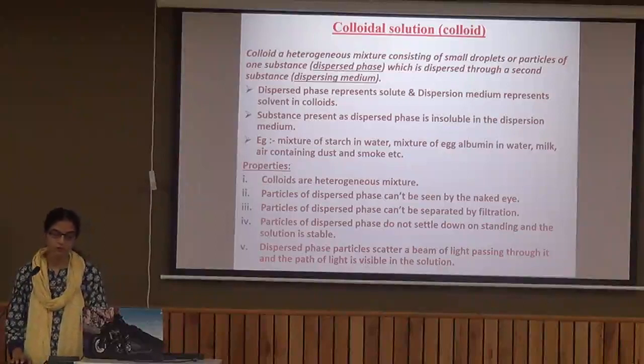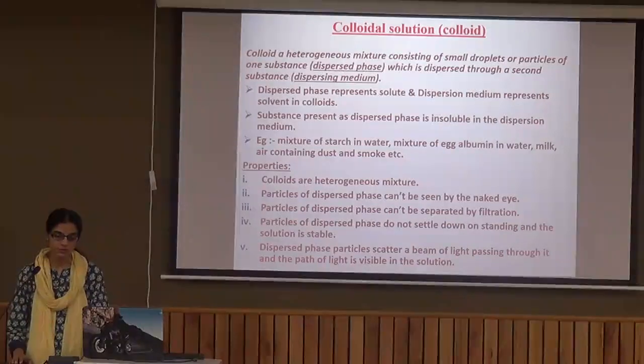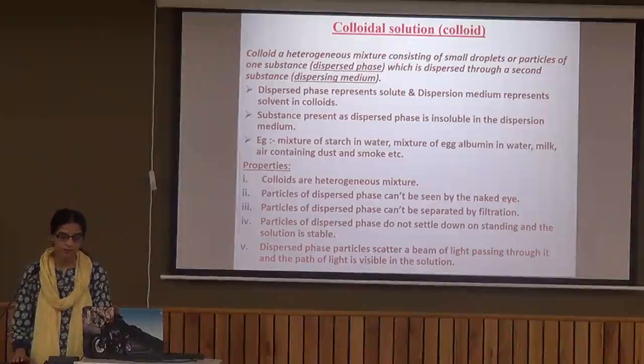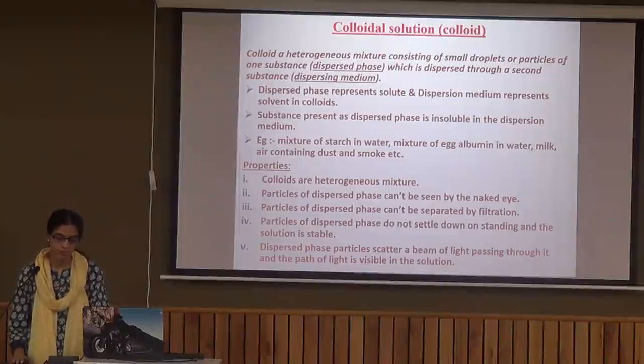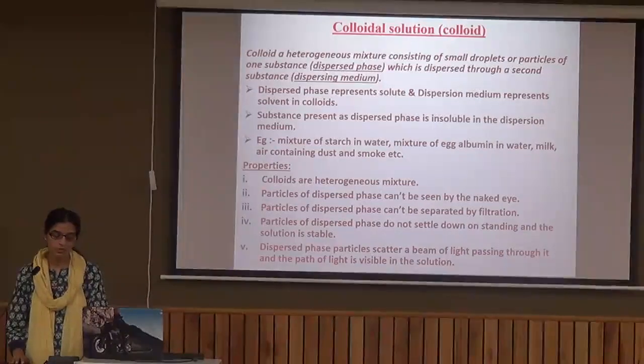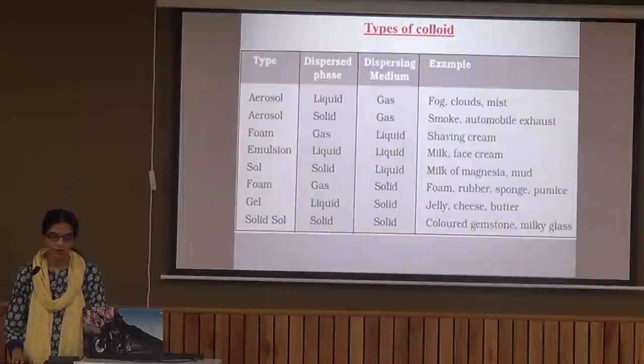Now the important properties of colloids: heterogeneous nature, particles of the dispersed phase can't be seen by the naked eye, and particles of the dispersed phase cannot be separated by filtration. So these are some of the important properties of colloids, which are different from true solution. Then these are some examples of different categories of colloid with the dispersed phase and dispersing medium, followed by some examples.